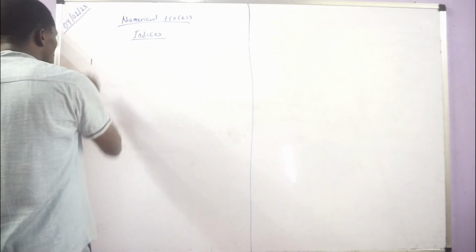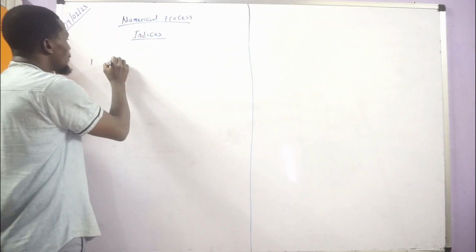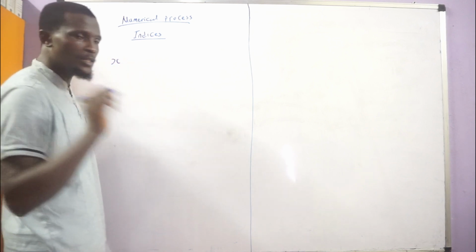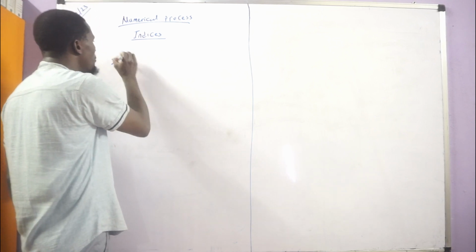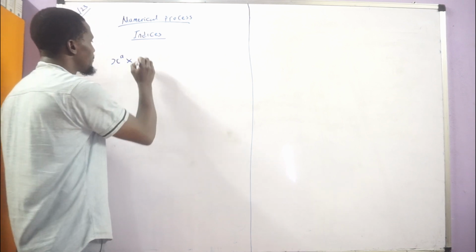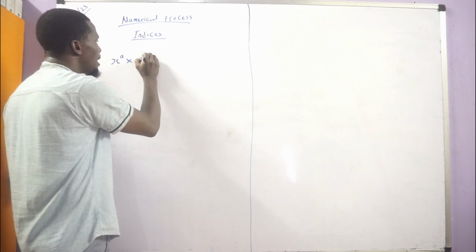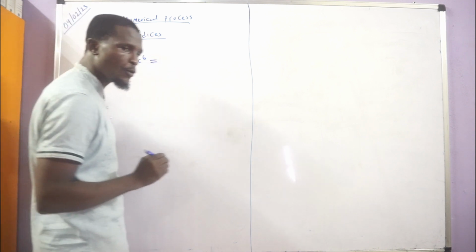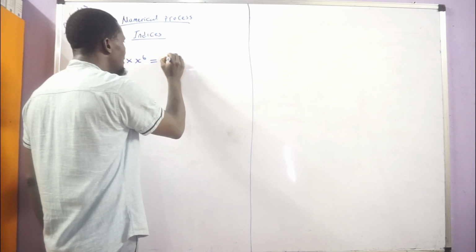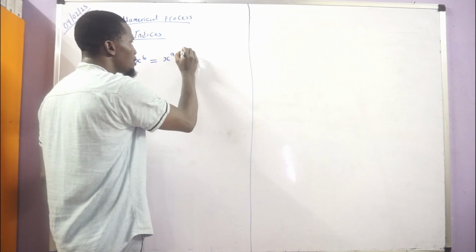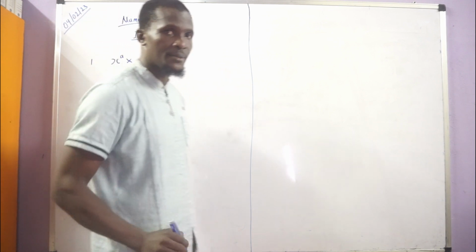One of the first rules says when you have x raised to power of a multiplied by x raised to power of b, it is going to give you x raised to power of a plus b.